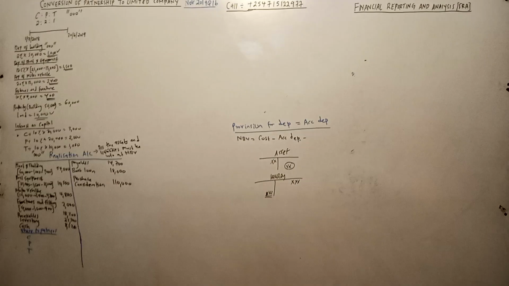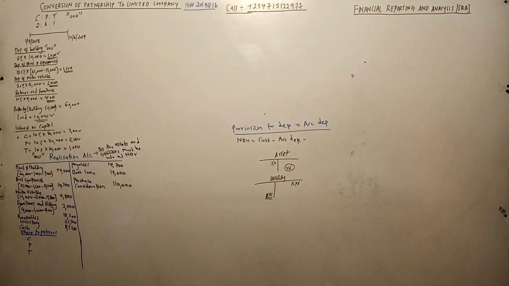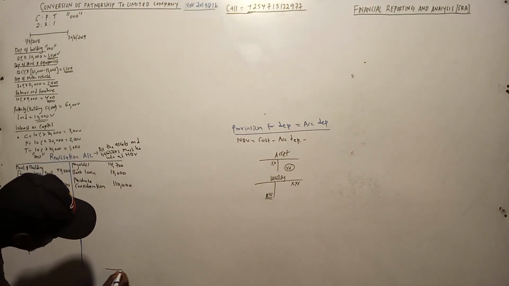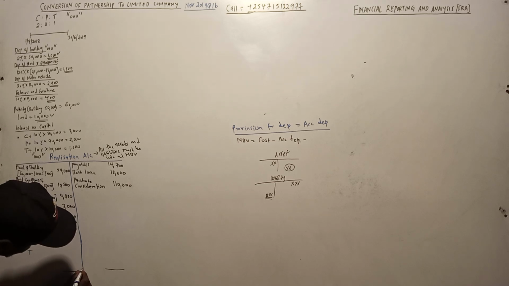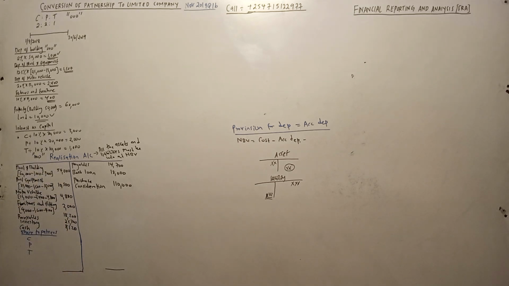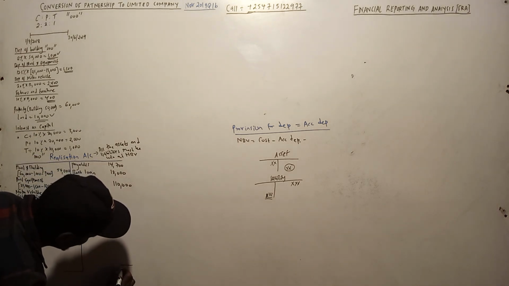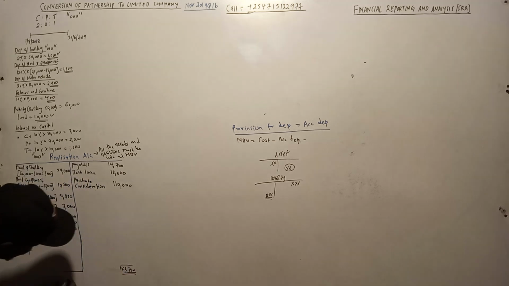Yes, it is fine. That is okay. So let us balance this account. So we have said it is when we add this 142,700, 142,700, 142,700.